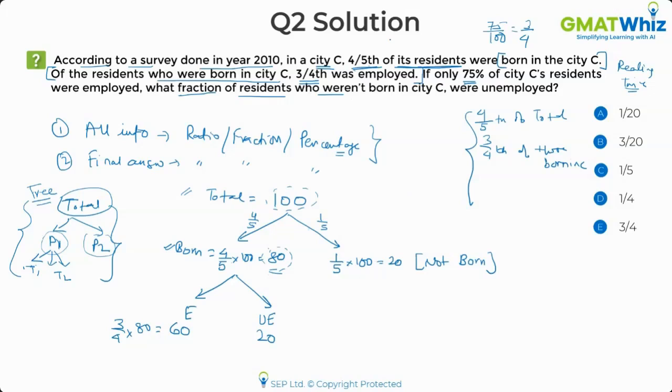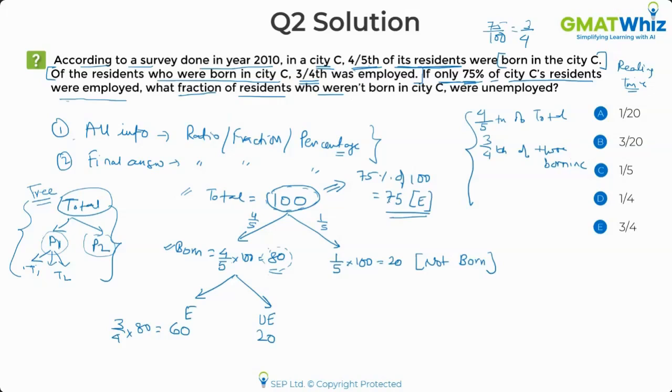Okay, so now I've done till here. Now I'll read this part. If only 75% of city C's residents were employed. Notice they're talking about all people, city C's residents. So this is my total. Out of this, 75% are employed. So 75% of 100 is basically 75. So I know a total of 75 people are employed. Keep this in mind.